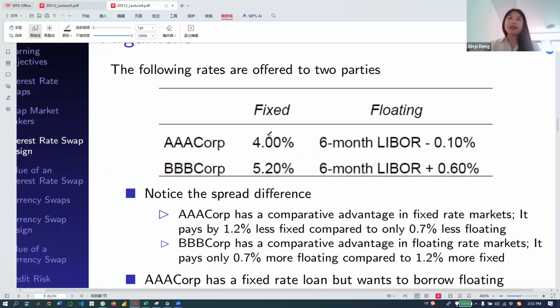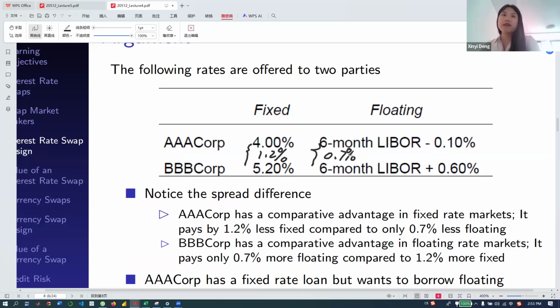For the fixed rate loan, the difference between AAA and BBB is 1.2%, whereas that difference in the floating market is only 0.7%.